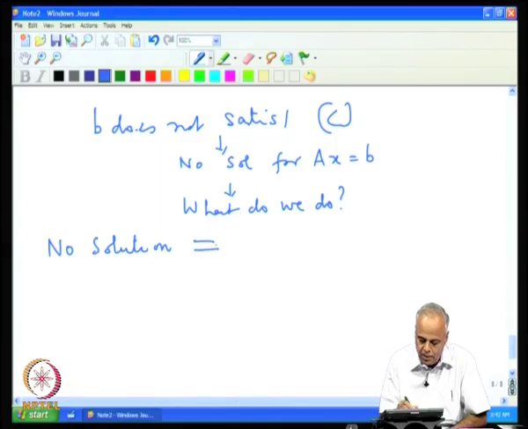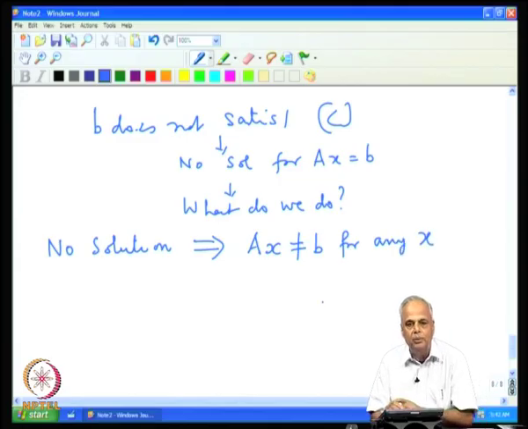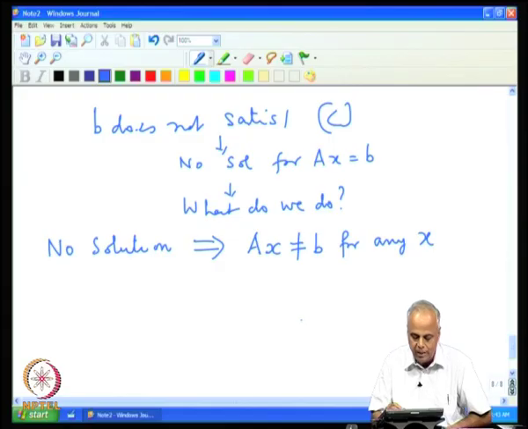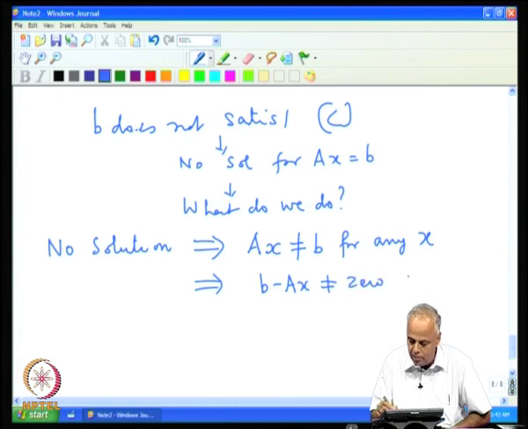This means that whatever x I choose and calculate, Ax is not going to be equal to B for any x. That means B minus Ax is not going to be the 0 column matrix for any x.